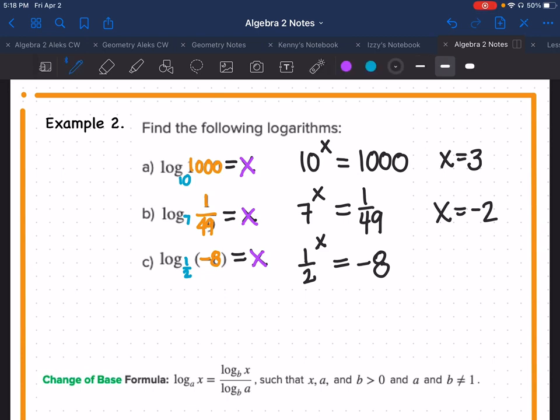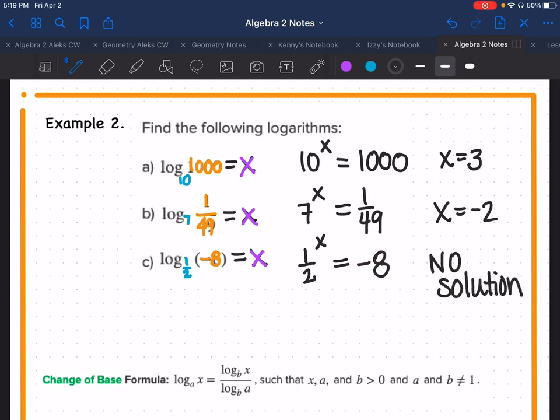That just doesn't happen. If my power is negative, I end up with a fraction like we see here, and I'm never going to end up with a negative answer. So here my answer would be no solution.